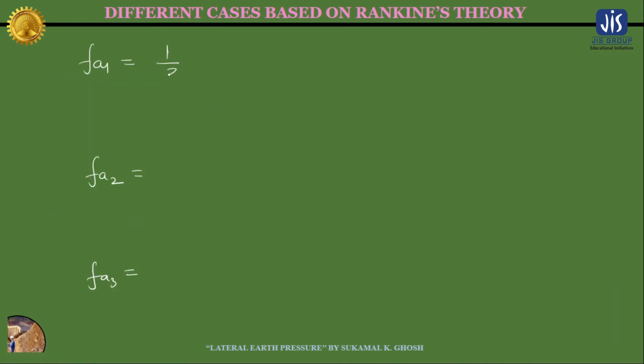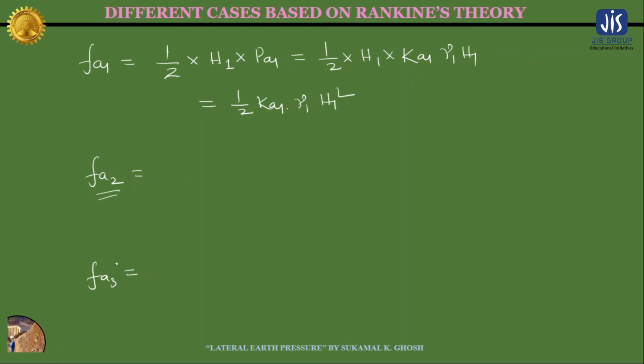So it is half into height H1 and the base width Pa1, which will equal half into H1 into Ka1 gamma 1 H1. So if you simplify it, you will have half into Ka1 gamma 1 into H1 square.